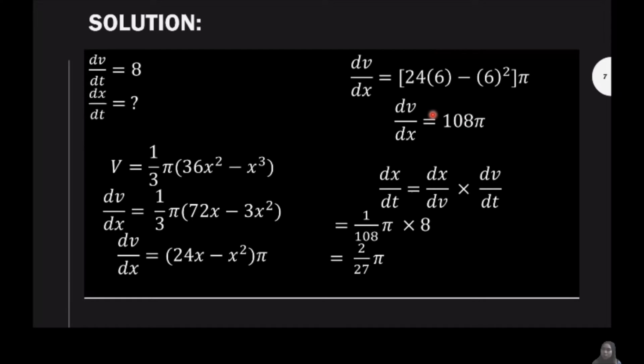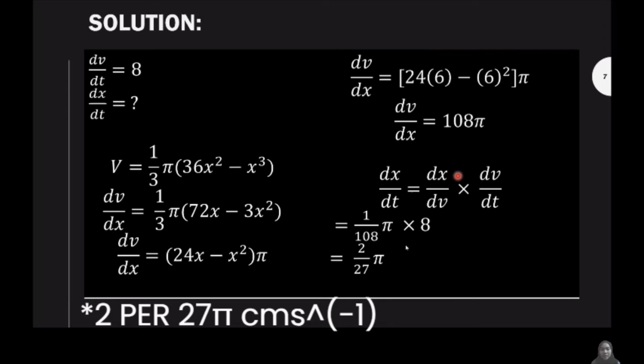We just need to invert this one, because this is actually 108 pi over 1. So when we invert, dx over dV will be 1 over 108 pi, times dV over dt equals 8, and we get the final answer: 2 over 27 pi.